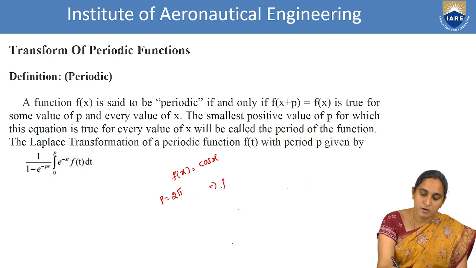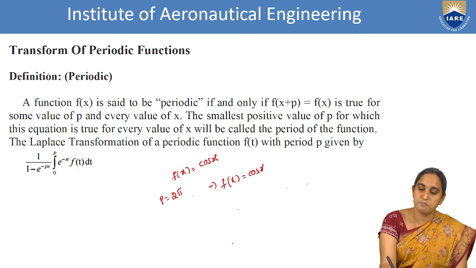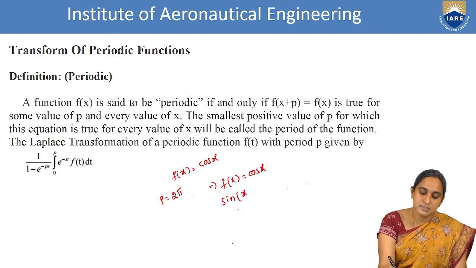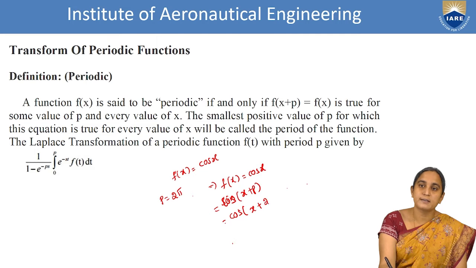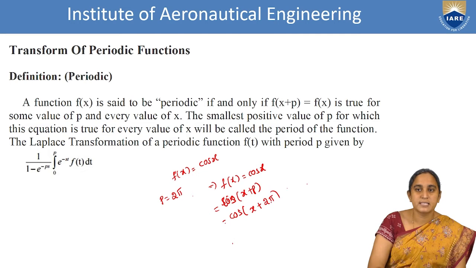Then f of x is equal to cos x. After applying the periodic function formula, here cos of x plus p. What is the cos period? It is cos of x plus 2 pi.